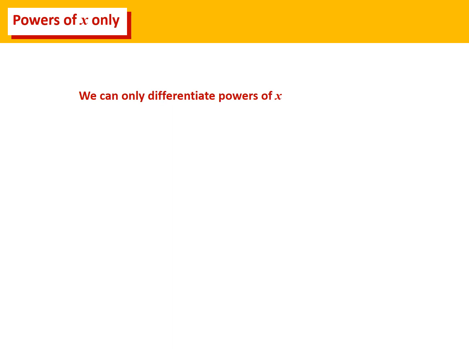Now, we can only differentiate powers of x for the time being. So if we have an expression which looks like that, where we've got x outside the bracket, we have to multiply that bracket out before we differentiate. We have to write our expression as powers of x. So we've got powers of x and powers of x here.